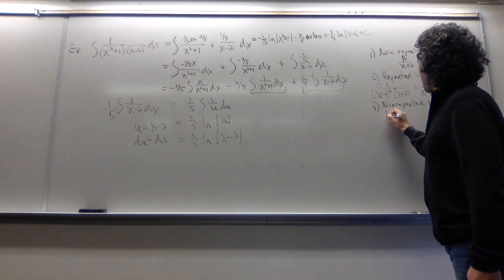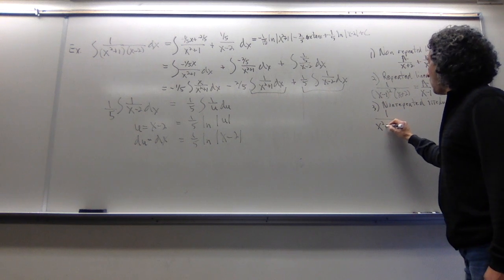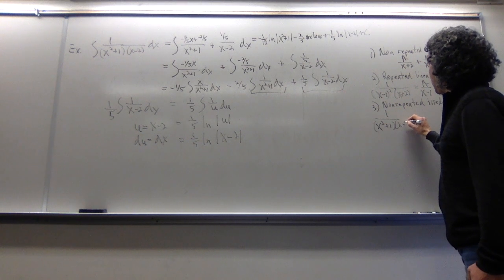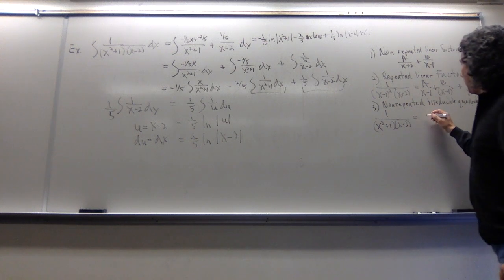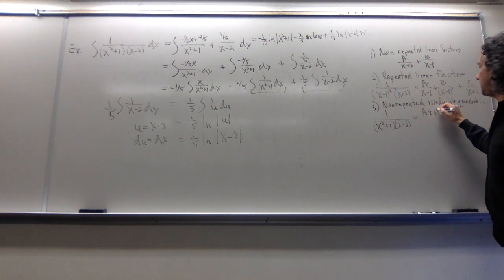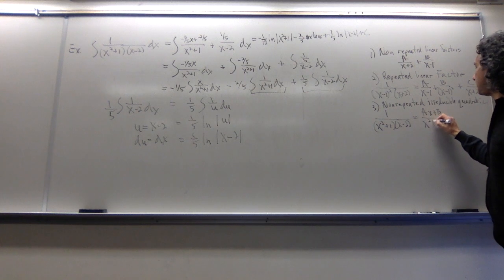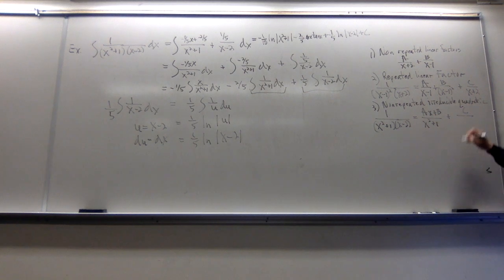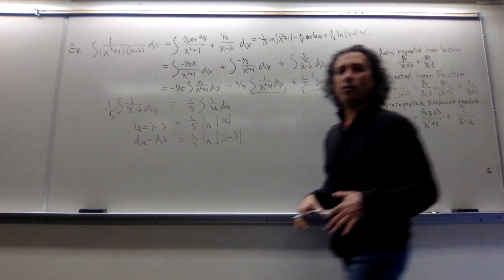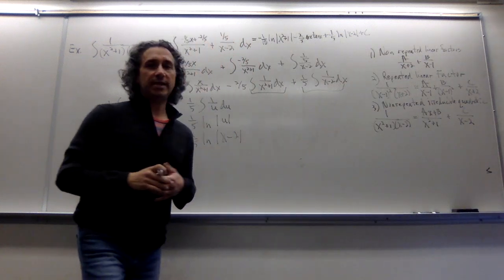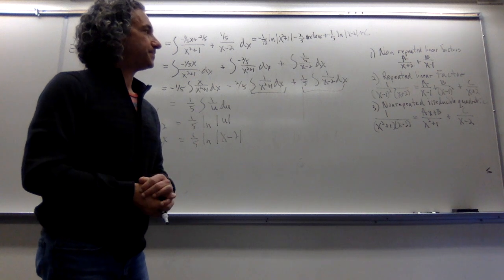And the example that I had was 1 over x squared plus 1 times x minus 2. And again, by that theorem, if we have an ax plus b over our quadratic term, and we have a c over the other term, then by that theorem, we're going to be able to actually solve for those a's, b's and c's.